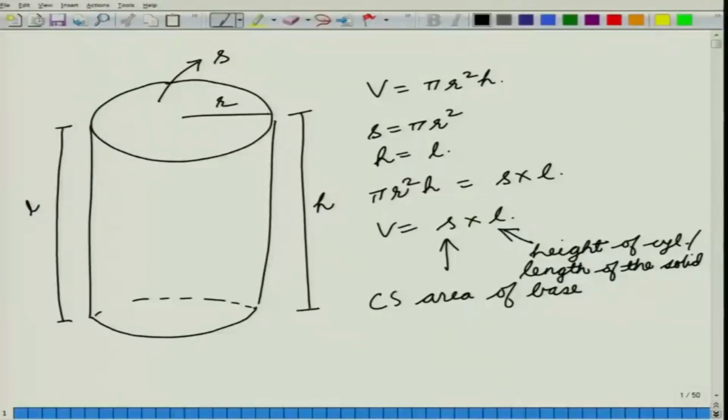Now, if we take a section of this cylinder, so let us take a section at this point. We have removed the top portion and we are now considering this section. So, this part of the cylinder is left.